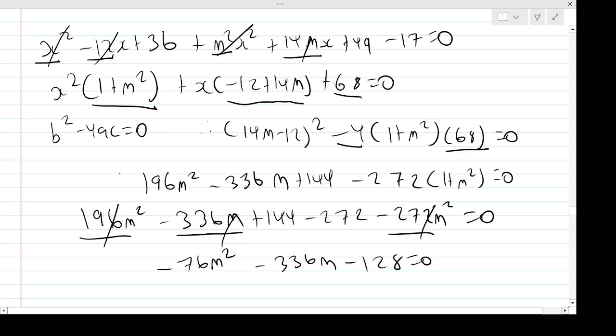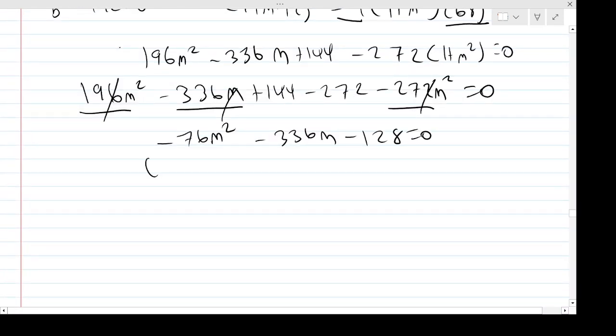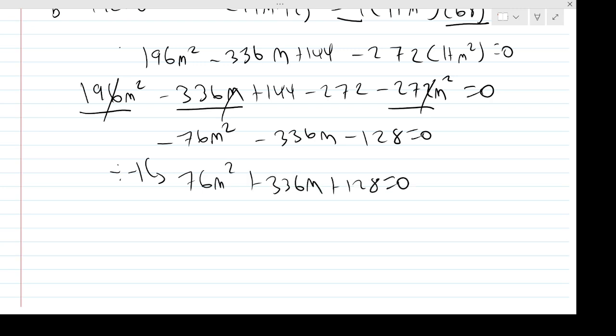It might simplify, but it's not a nice simplification. Okay, so that's the quadratic we get. And then everything's negative, so I will flip all the signs by dividing both sides by minus 1 to get 76m squared plus 336m plus 128 equal to 0.